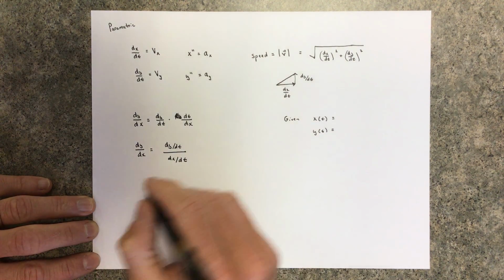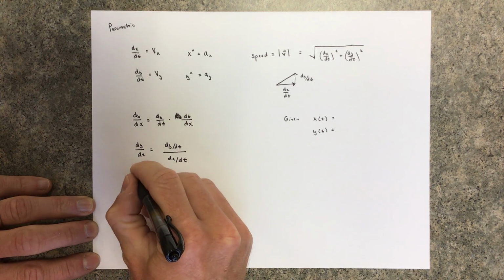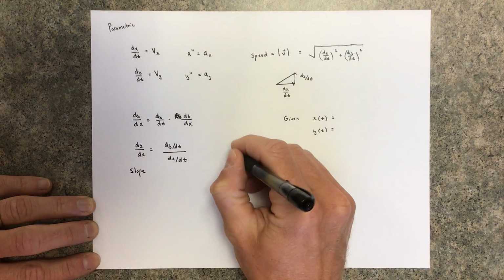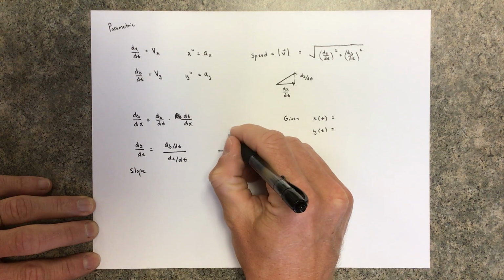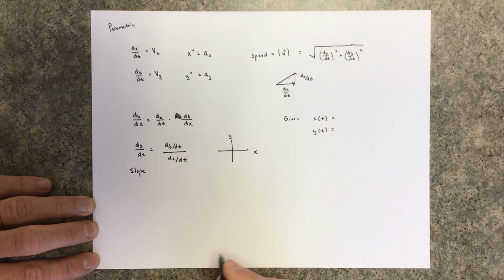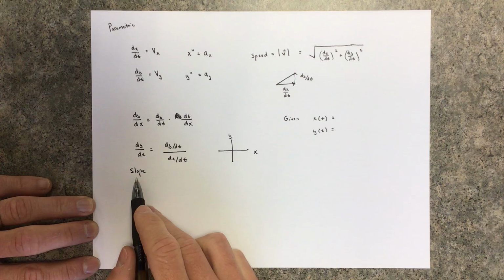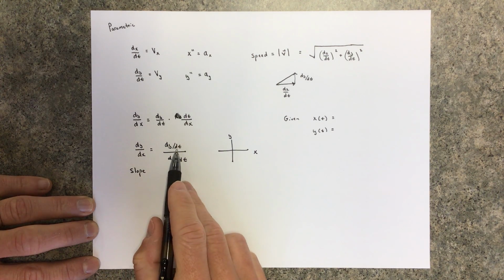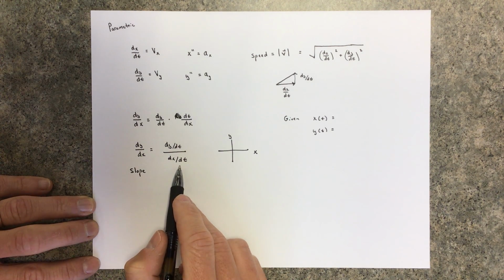But this also makes sense because dy/dx is the slope on an xy graph. And it does make sense to us that the direction, meaning the slope, is related to how fast you're going vertically and how fast you're going horizontally.